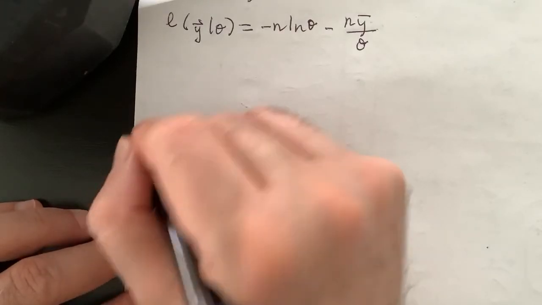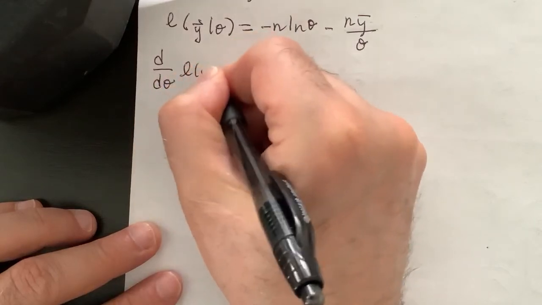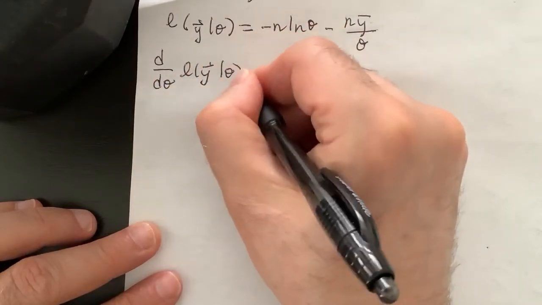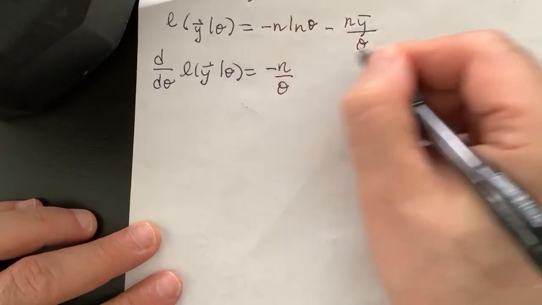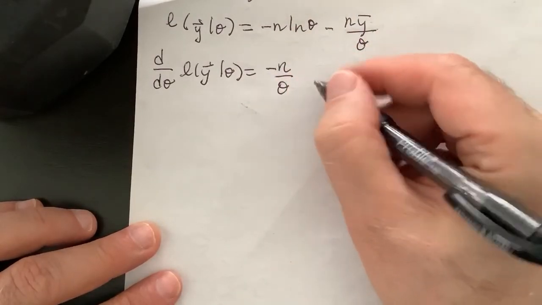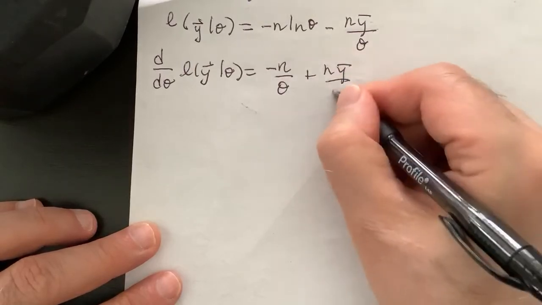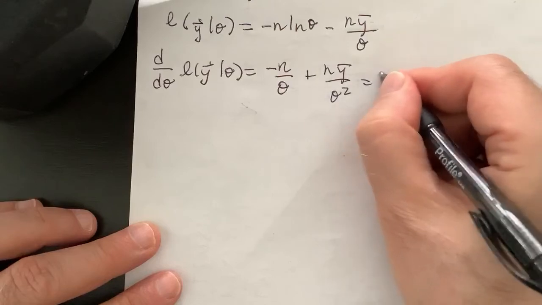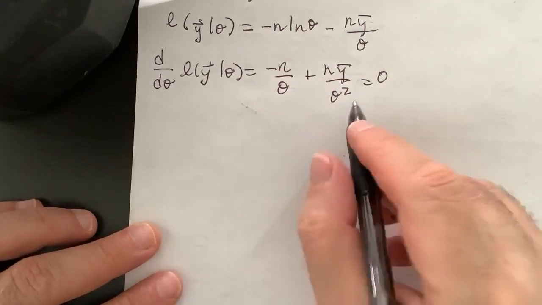Take the derivative now, d theta of l. I get minus n over theta, plus n y bar over theta squared, set equal to 0.